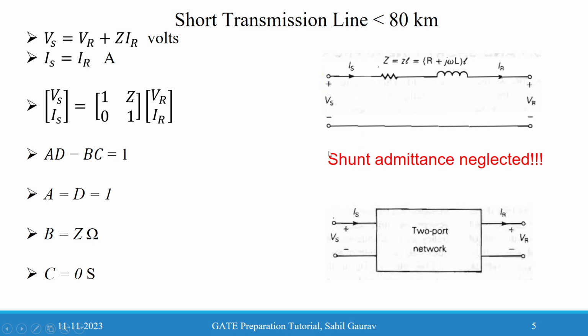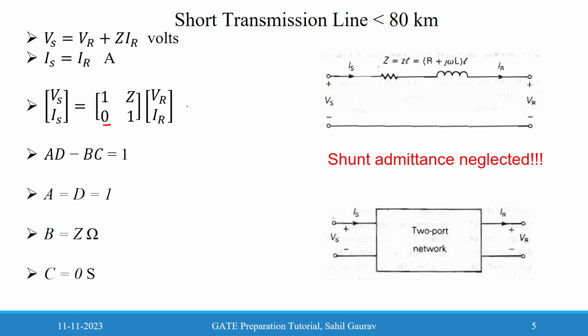If we neglect the shunt admittance, then Is is equal to IR, so C will be 0. This is important. We neglect the shunt admittance because the line charging current is very small in a shorter transmission line. That's why Is is equal to IR, so the C value is 0.